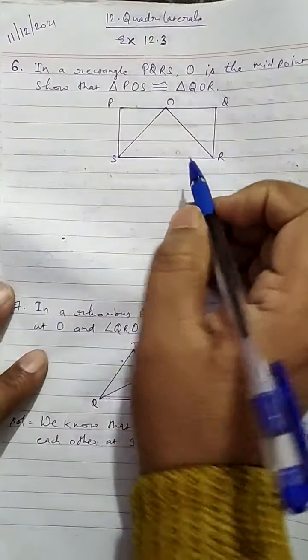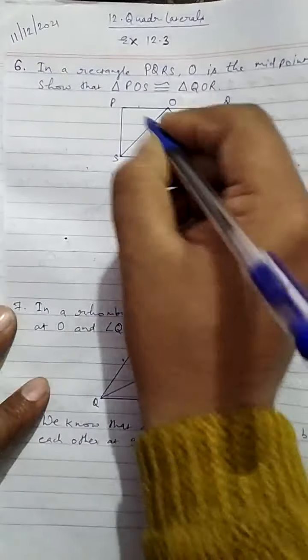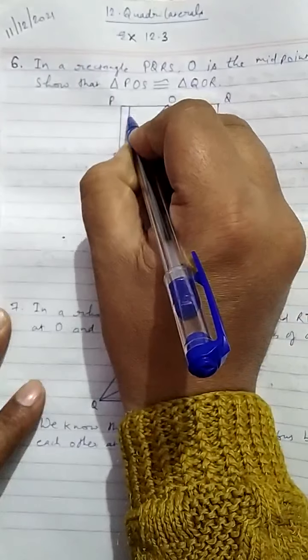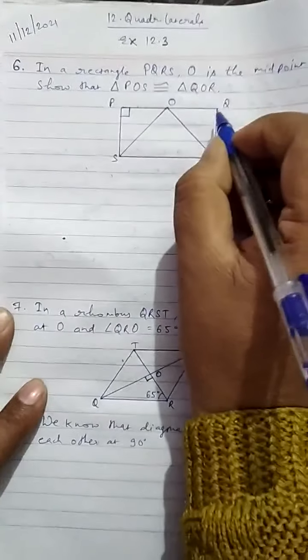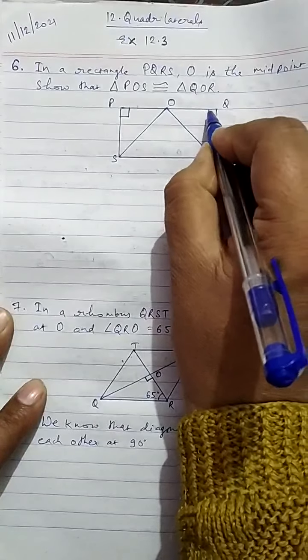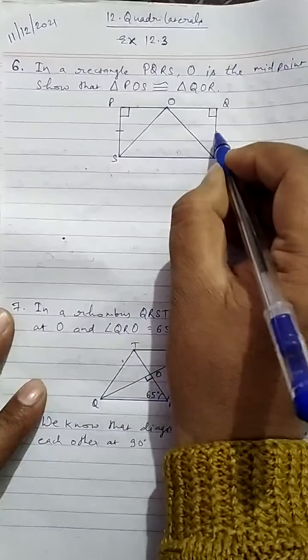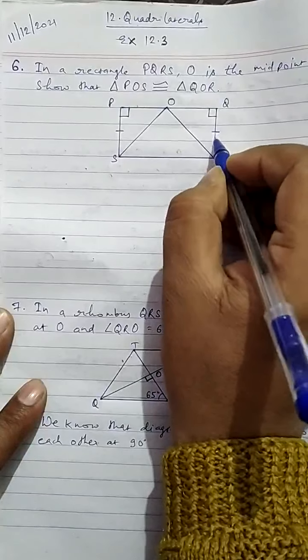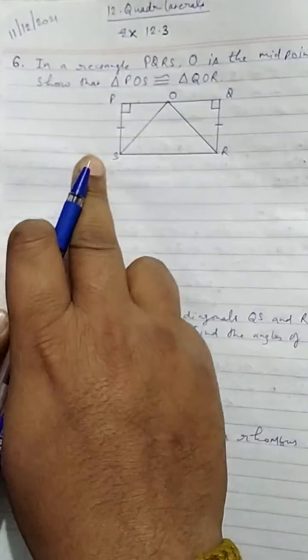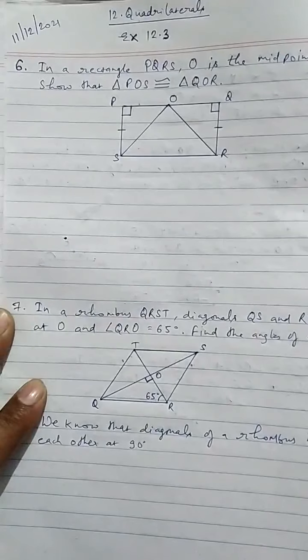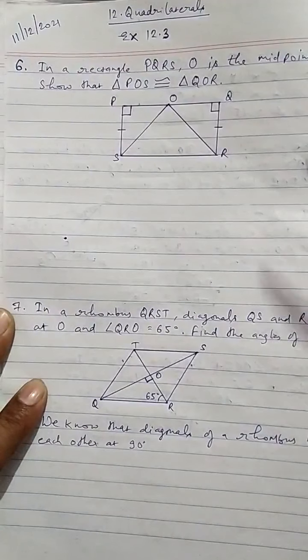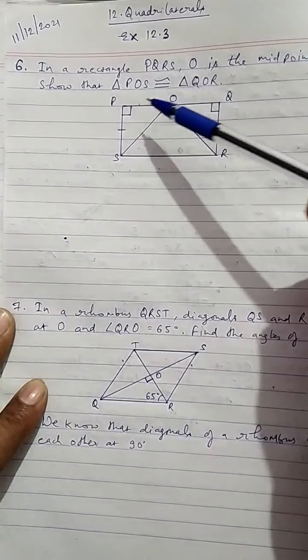As you can see that this is a rectangle, so angle P will be 90 degrees and angle Q will also be 90 degrees. Also PS will be equal to QR because in a rectangle opposite sides are equal and all the angles are of 90 degrees.